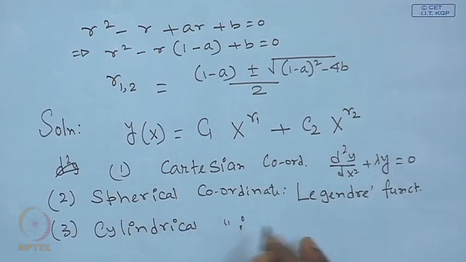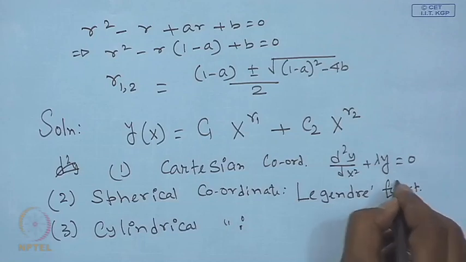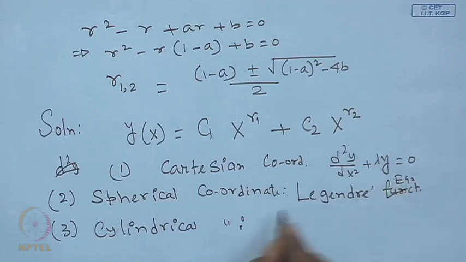The solution is composed of the Legendre function and the Legendre polynomial. And the third one, we talked about the cylindrical coordinate system, where the governing equation that you will be getting is the Bessel equations.